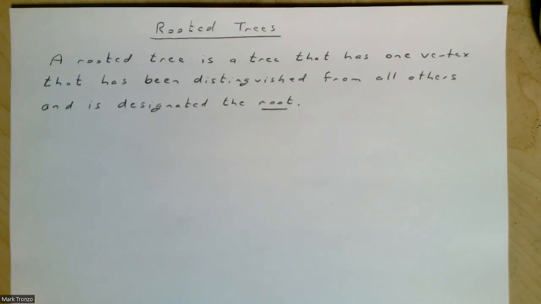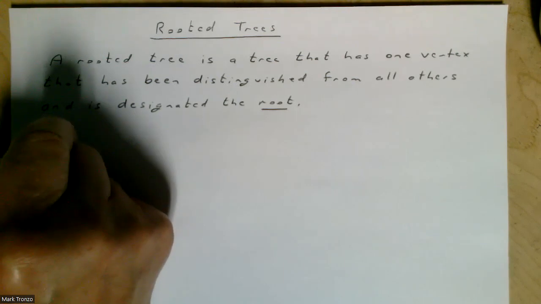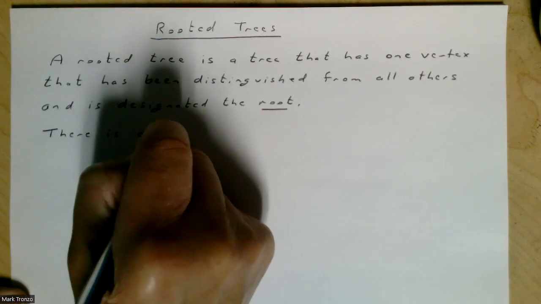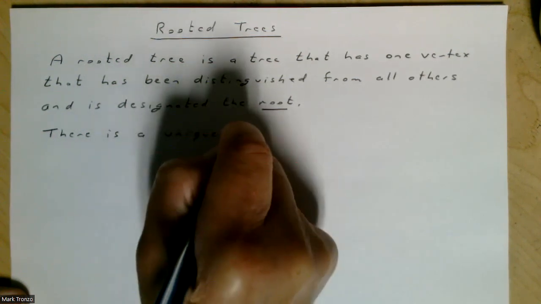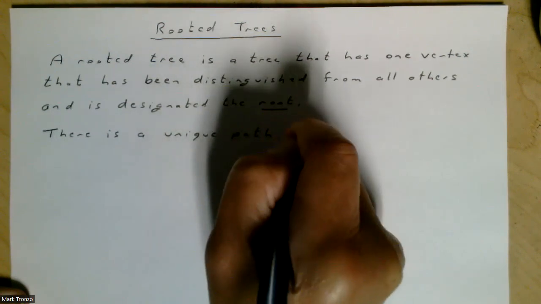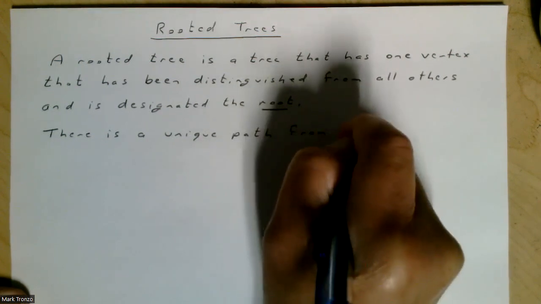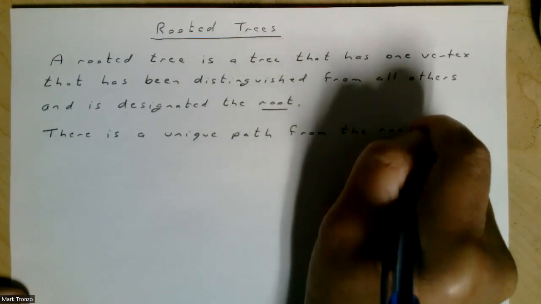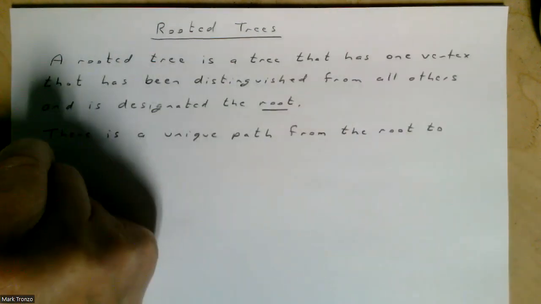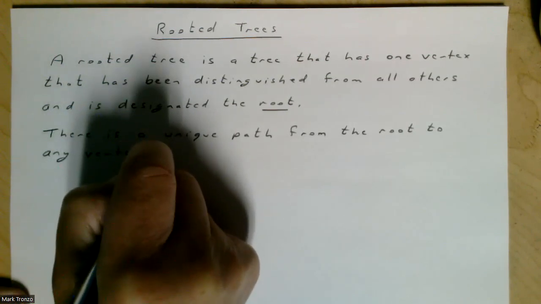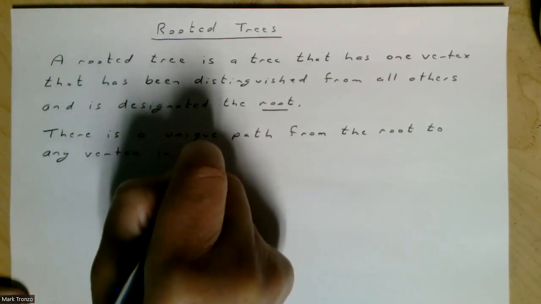So you have a tree and you pick one particular vertex, and you say, we're going to call that one the root. And then we can also say that there is a unique path from the root to any vertex in the tree.